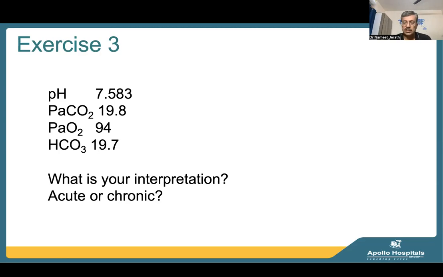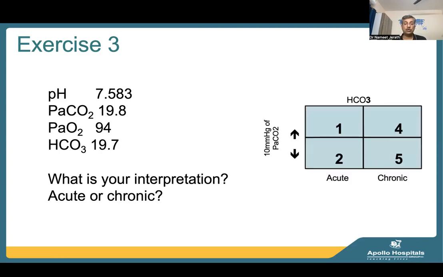If it is respiratory, is it an acute process or a chronic process? We do our 2x2 checkbox and look at this. Here the CO2 has moved from 40 to 20, a change of 20, or 2 times 10. And the bicarbonate has moved from 24 normal to somewhere around 20, a change of 4.